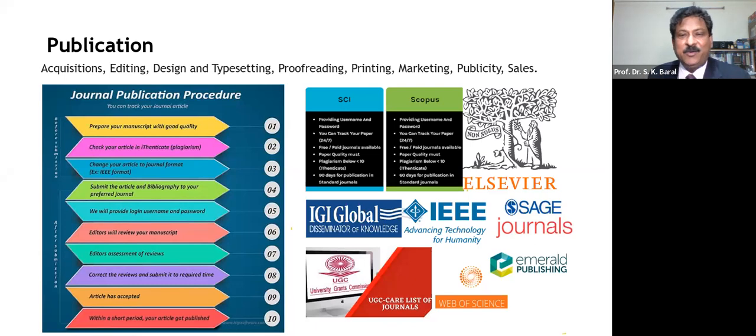And when you are making ready a paper, you should see it from the marketing point of view also, because those are companies. They have made their reputation very high, and the rating is very high, if your paper is going to be published. But at the end of the day, they will calculate whether the paper has potentiality or not.